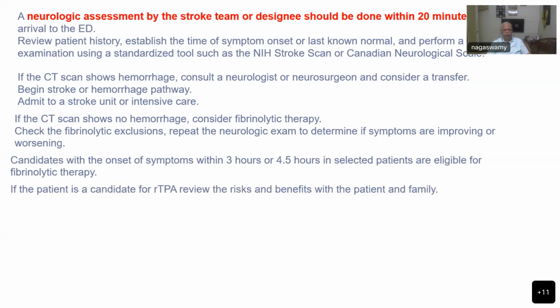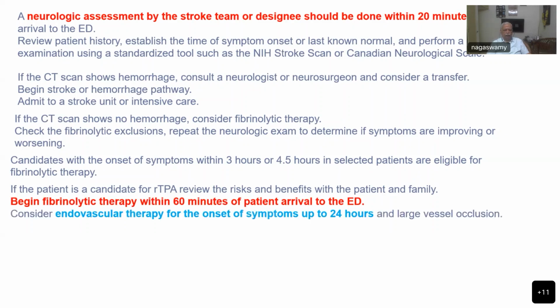If the patient is a candidate for recombinant tissue plasminogen activator, review the risk and benefits with the patient and the family. So you should not blindly start this in all the patients. If there is a risk of any major bleeding elsewhere, then you have to think about that. And begin fibrinolytic therapy within 60 minutes of patient arrival to the emergency department.